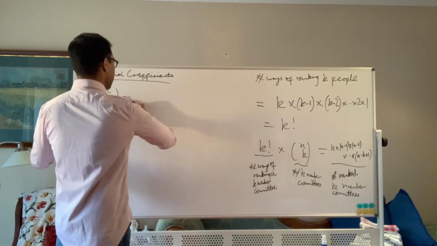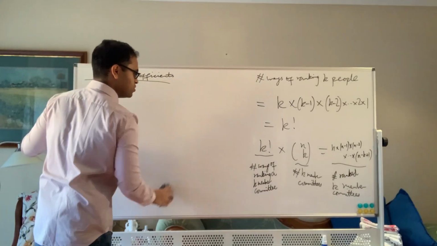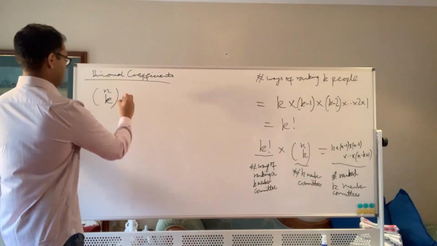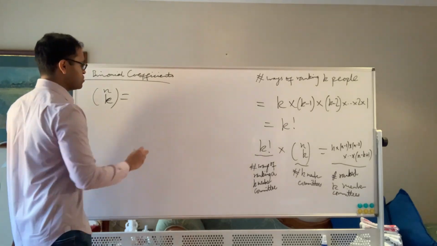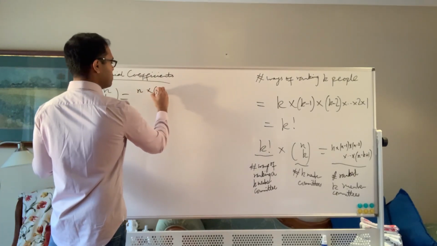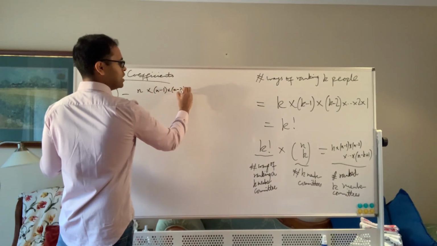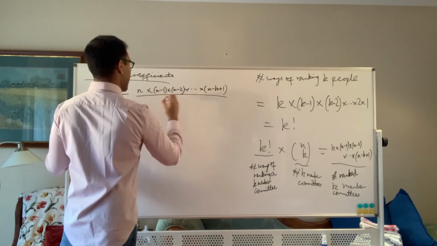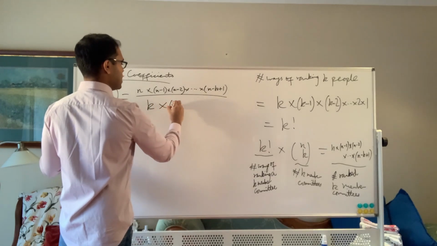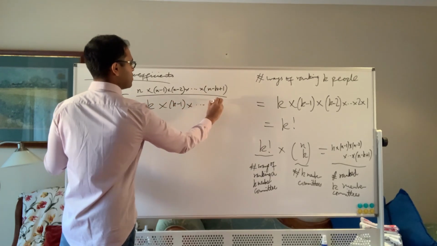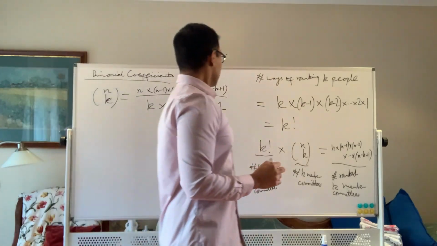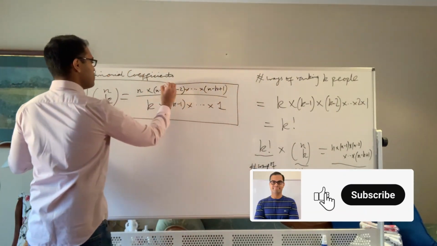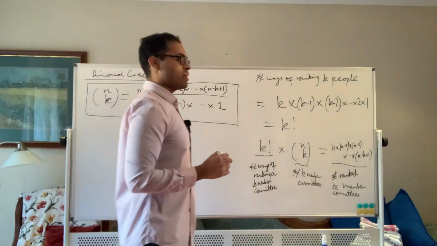And so n choose k, which I've just said is the number of ways of choosing k member committees, is going to be equal to, if we divide both sides by k factorial, n times n minus 1 times n minus 2 times ... times n minus k plus 1, divided by k factorial, which is k times k minus 1 times ... times 1. That's the answer. So that's the magic formula for n choose k. And just like we found n choose 3, you can use this formula to find anything.